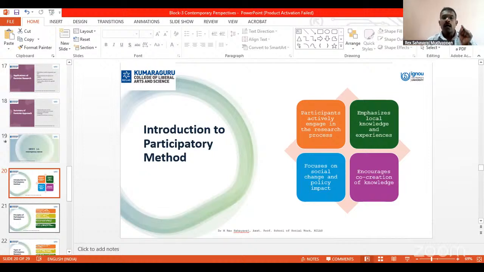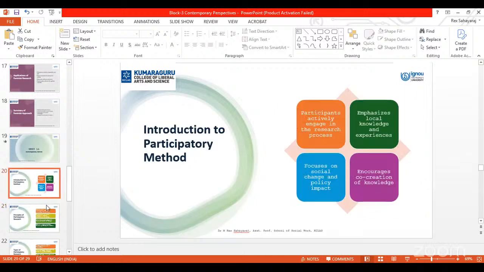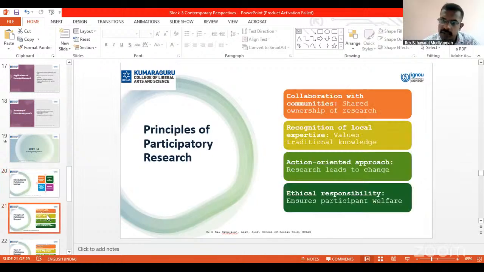Rather, in your study, you are making the participants participate in the process and you collect data. So in short, both will participate. Yeah, of course.